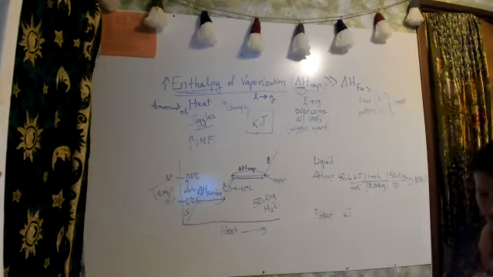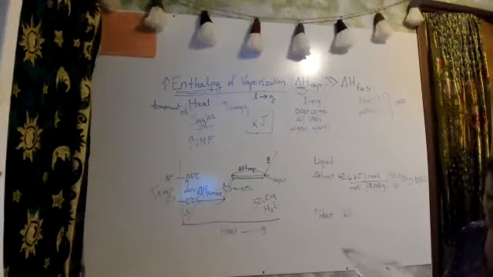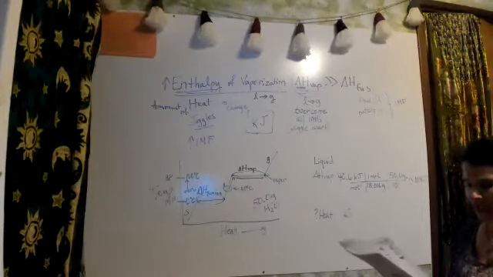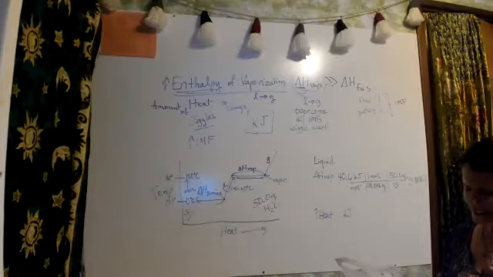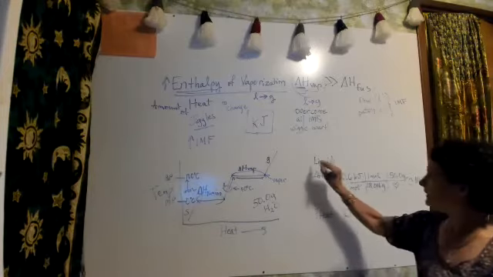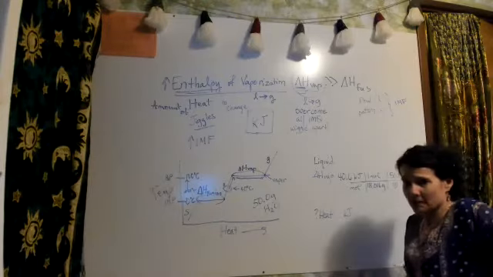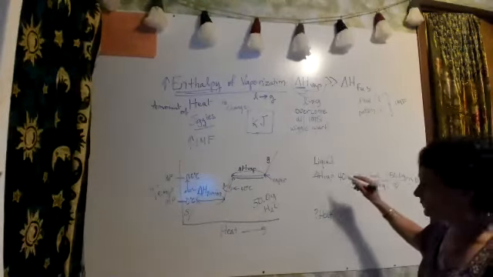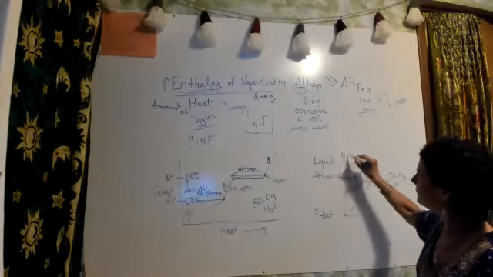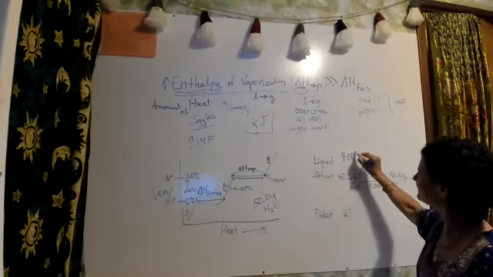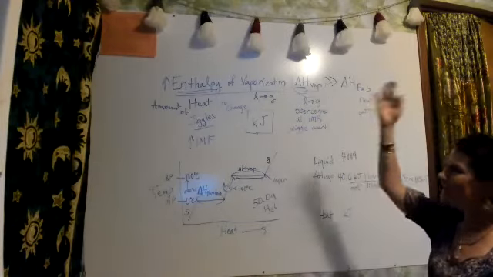So going back up to the liquid step. If we look at the little chart on the side, it gave us delta H of vap, delta H of fusion, and then it gives you these C's. The C of the liquid, it just puts a question mark because I'm seeing if anybody remembers anything from 221. This was the 4.184. Do you remember that number? Some of you are going, oh yeah, 4.184.